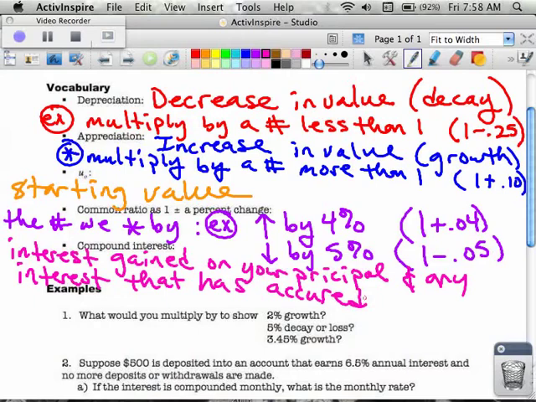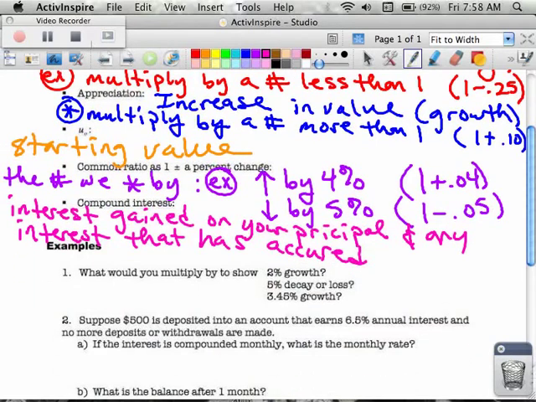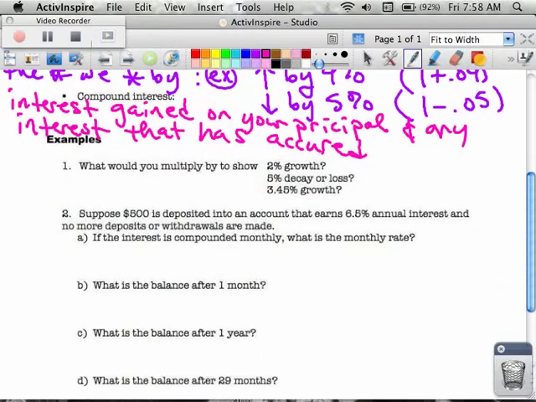So let's talk about some examples here to kind of put this in perspective. Let's look at a 2% growth. If I wanted a 2% growth, what would I multiply by to make that happen? 1 plus 0.02 is correct.